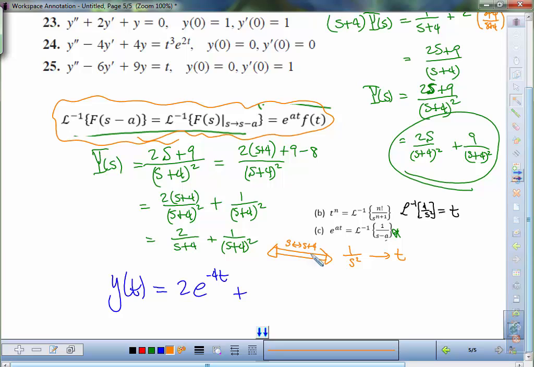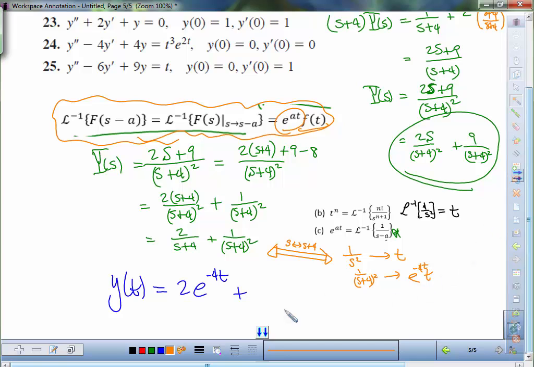but since there's a shift, 1 over s plus 4, and that's a shift of a equal to negative 4, your transformation happens. It's still the f function, the t, but then the shift in the s is equivalent to multiplying by e to whatever the shift was in the t world.